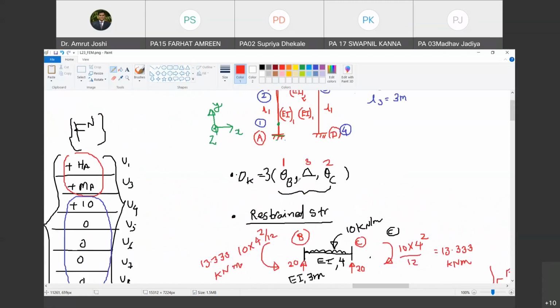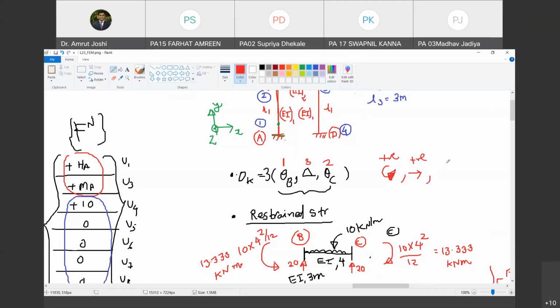So what is our sign convention? Whenever we write down the degrees of kinematic indeterminacy, it is better to explicitly mention the sign convention there itself. So anti-clockwise moment positive is our sign convention. Happy? Yes. Delta towards right positive is our sign convention for delta. Are you with me? Yes, sir.